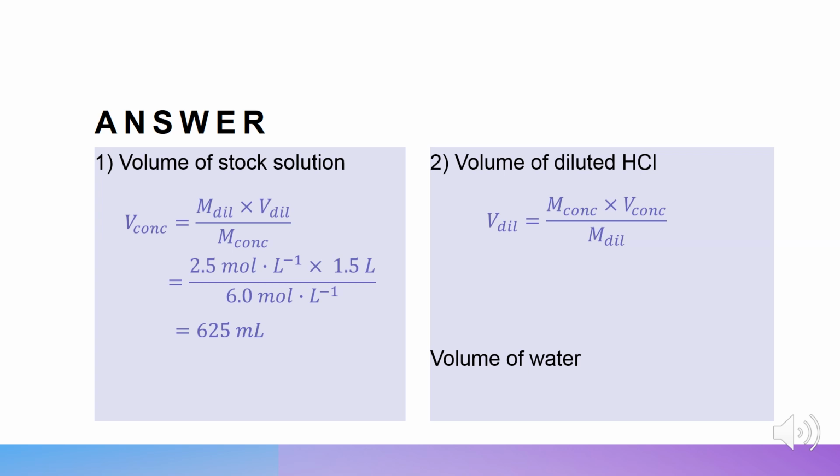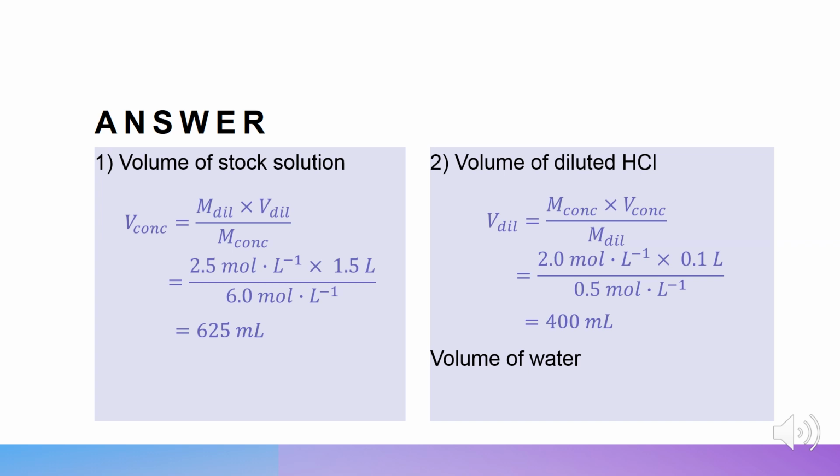Substitute the value of M concentrated, V concentrated, divided by M diluted, which will give the volume of dilute HCl equal to 400 ml.